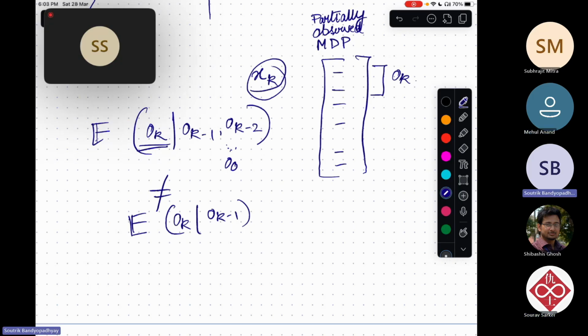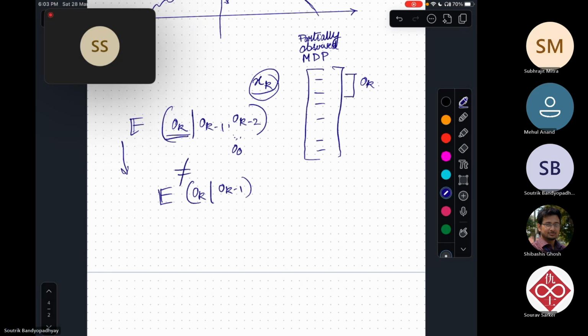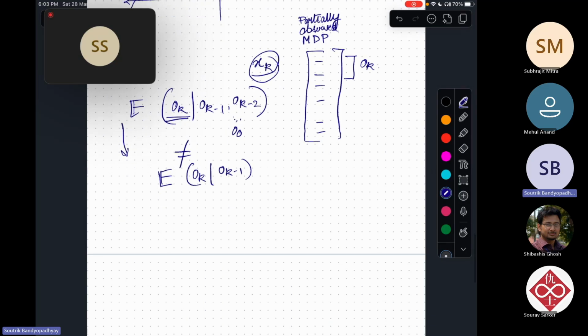So for partially observed processes, this Markov property may not hold. There are a few techniques for how we used to solve this, but that would be a bit beyond the scope of this tutorial right now. Thanks for clarifying.